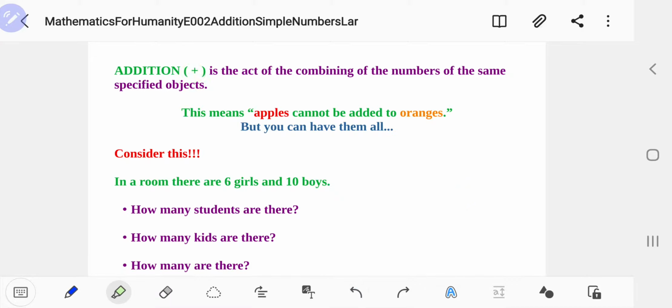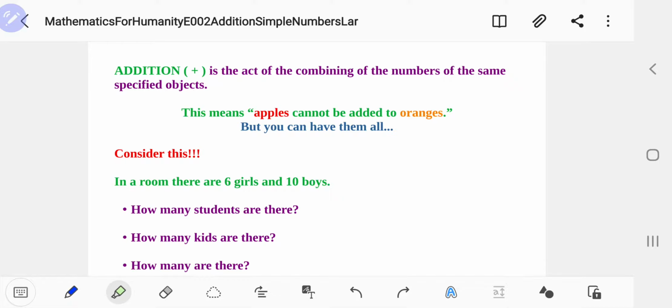So addition is the act of the combining of the numbers of the same specified objects. This means that you can only add two things specifically. Like this one, this means that you cannot add apples to oranges. But you can have them all. Later on, you will know what I mean about that.